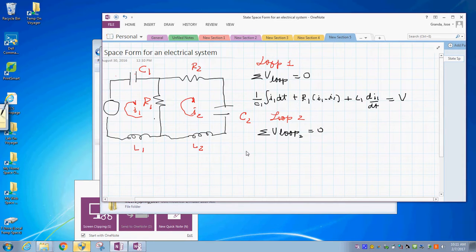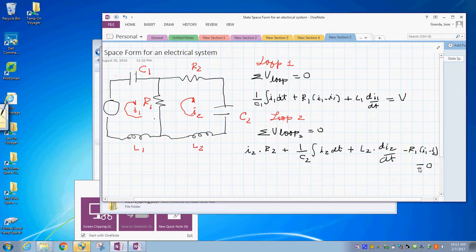That means we will write I sub 2 times R sub 2, plus 1 over C sub 2 times the integral of I sub 2 dt, plus L sub 2 times dI sub 2 dt, and then minus the voltage R1 times I1 minus I sub 2. And that would be equal to 0.